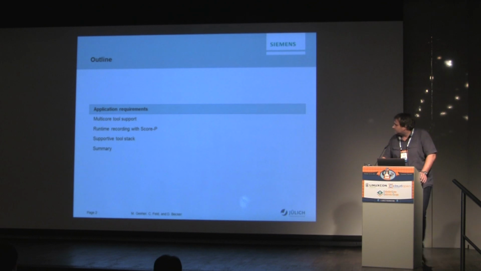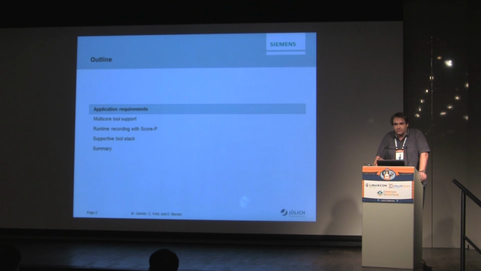So the outline of today's talk is pretty much like this. We will quite briefly go through the application requirements we have at Siemens, and we will also highlight the problem we need to solve.